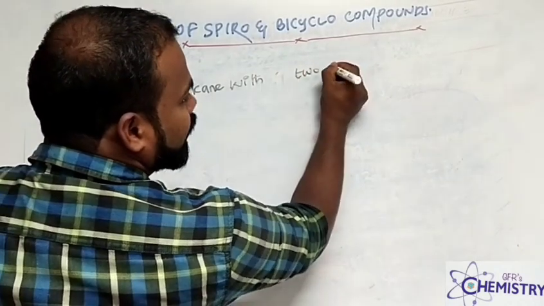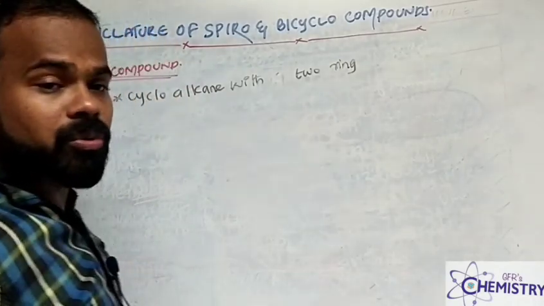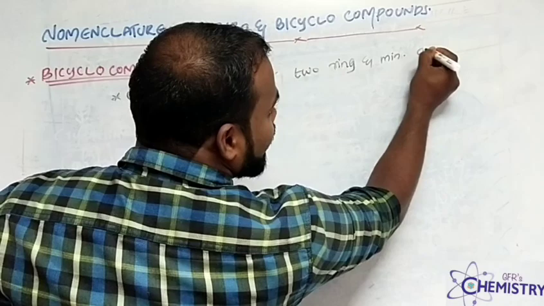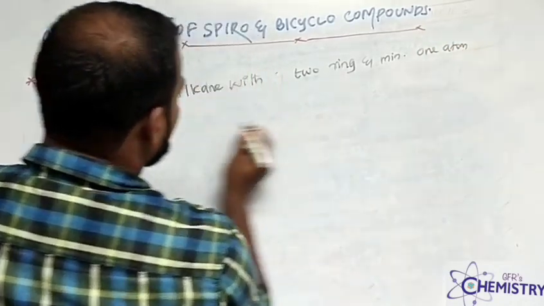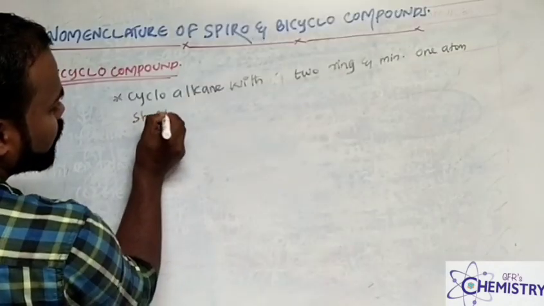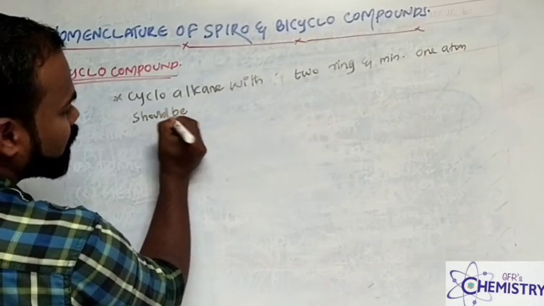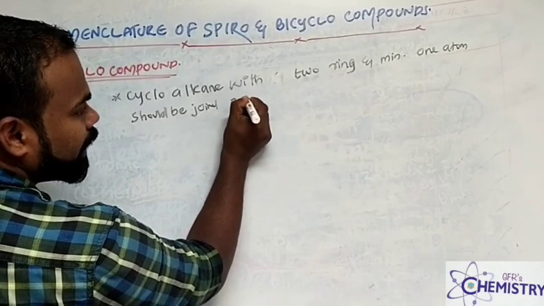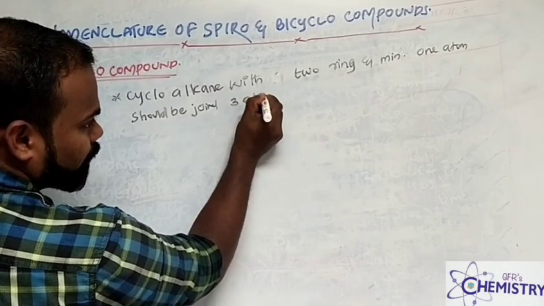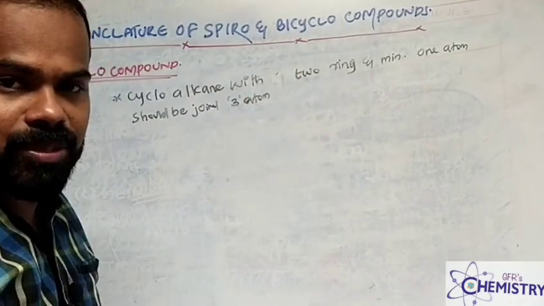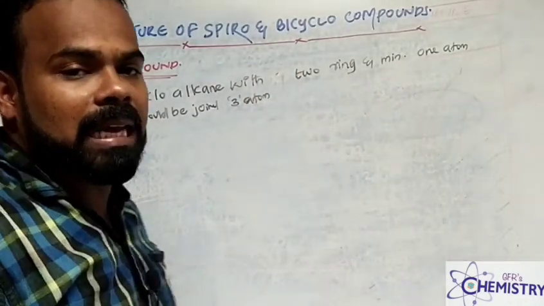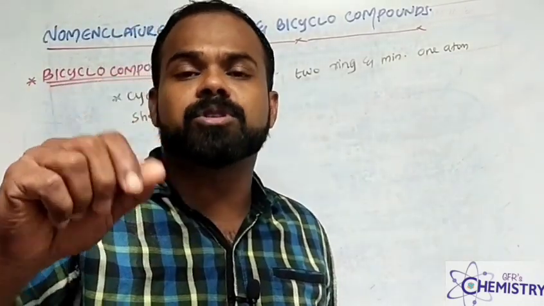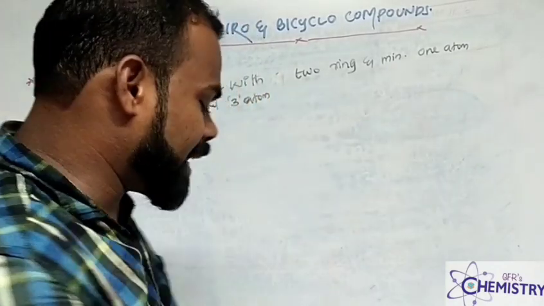A cycloalkane with two rings, and a minimum of one atom should be joined to three other atoms. I will explain what that is. Two rings should be there, and from there a minimum of one atom should be joined with the other three.